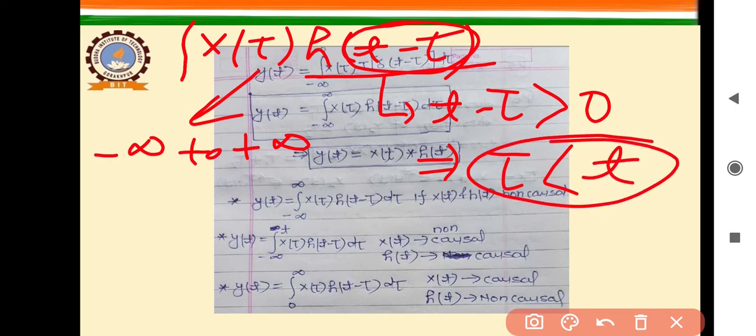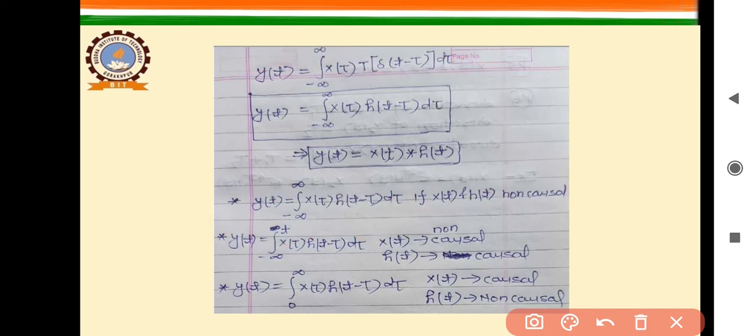So x will exist from minus infinity to plus infinity, whereas h of t minus tau will exist only for tau less than t. So there are two limits on tau: from minus infinity to plus infinity, and it should be less than t. So the limit on tau will be from minus infinity to t. In this case, we put the limit of integration from minus infinity to t.